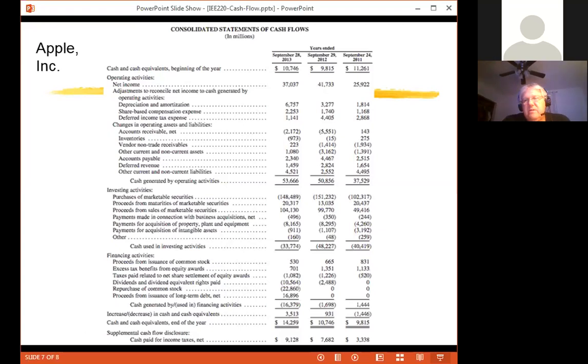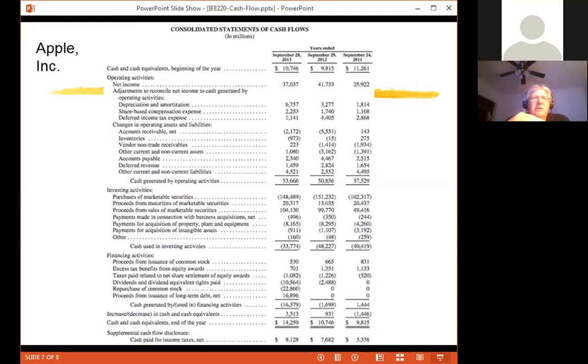So the different line items on their much busier cash flow statement define what's going on with this organization. In the end, at the end of the year, they clearly show that they have $14 billion in the positive. They're okay relative to their plans and their available cash and programs that they've got in place.